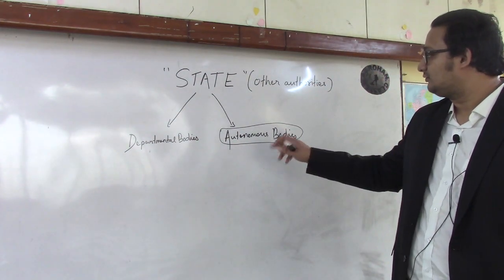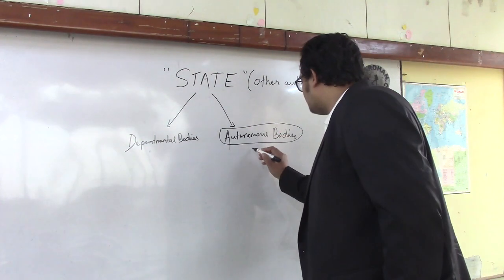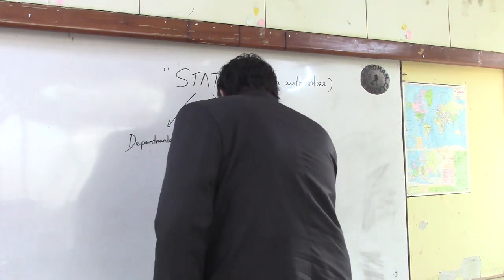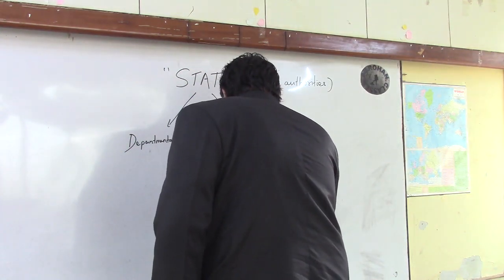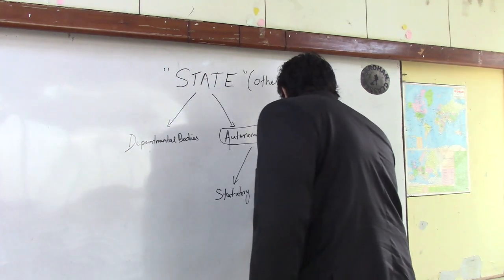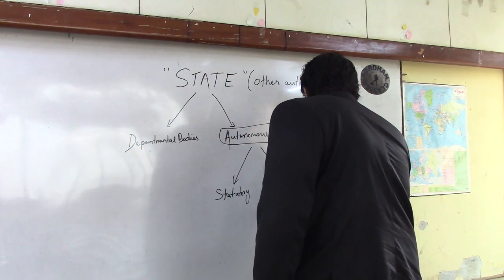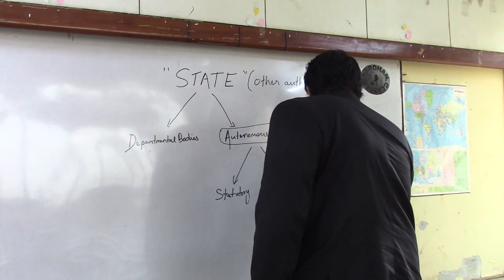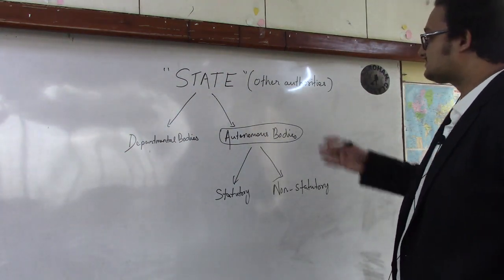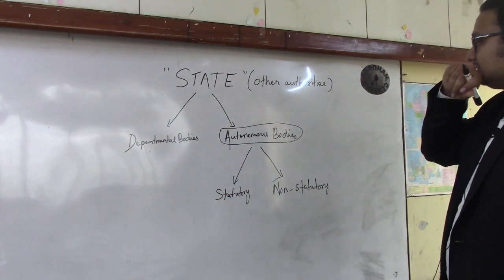Now, over here, autonomous bodies can also be divided into two things: statutory bodies and non-statutory bodies. Please note this particular hierarchy down.